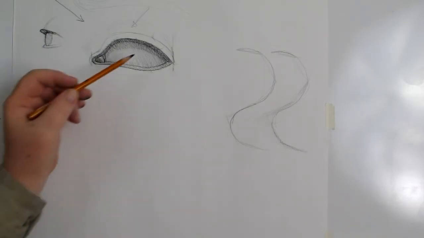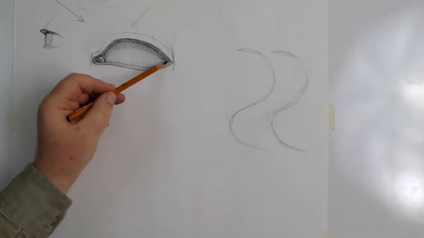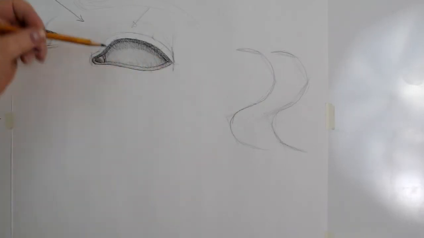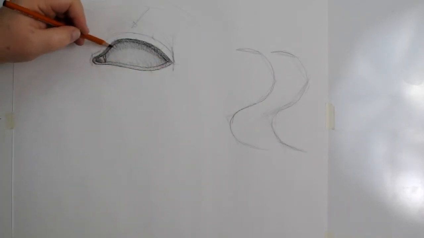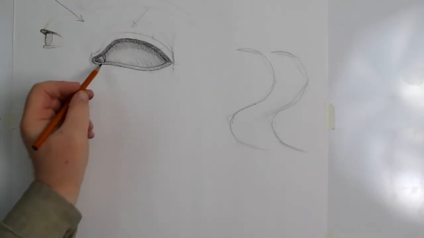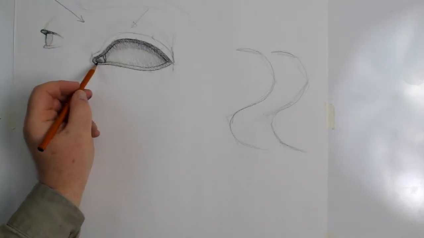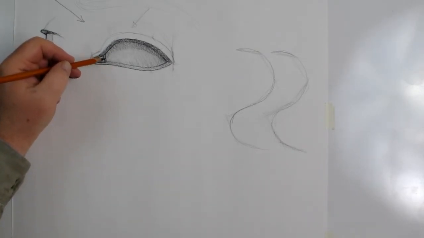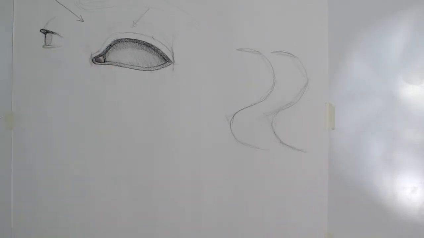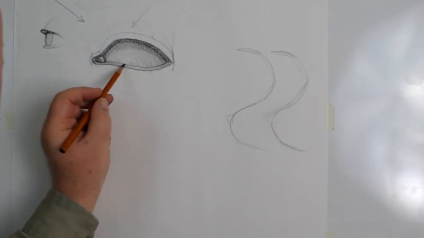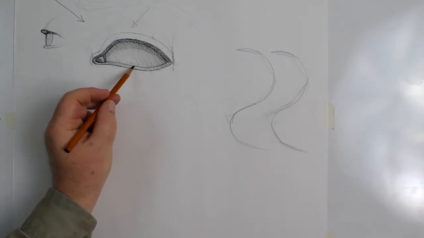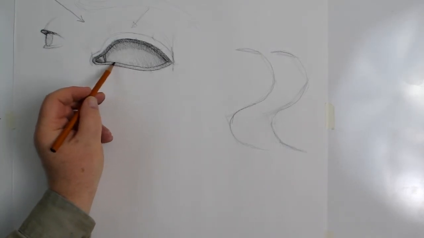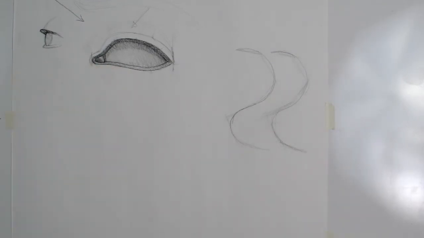We also have the fact that where this touches, remember, when things touch, we have what's called an occlusion shadow, because it's very, very dark. Sometimes you'll get lost in what's called lost and found edges, because of the way things will go into shadow and come out of shadow. We want to be aware of that as well, but understand that where this touches the sclera, that red from the capillaries in the skin is going to go a little darker.